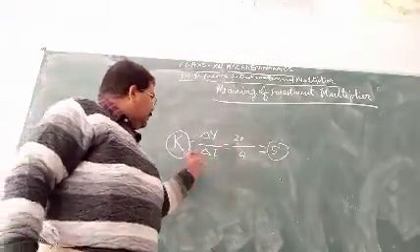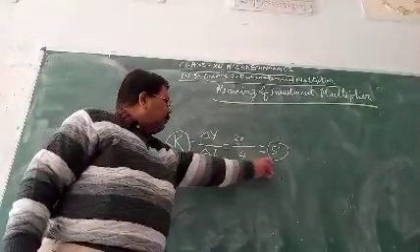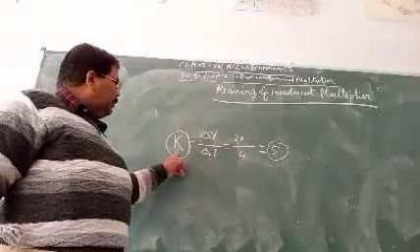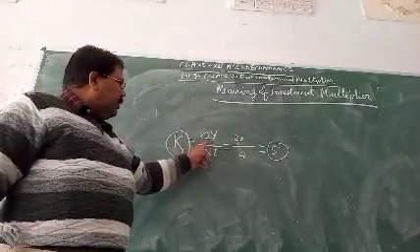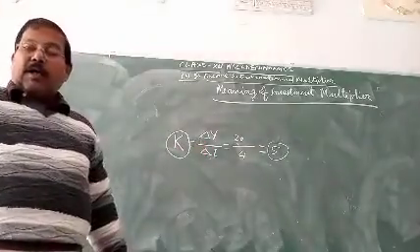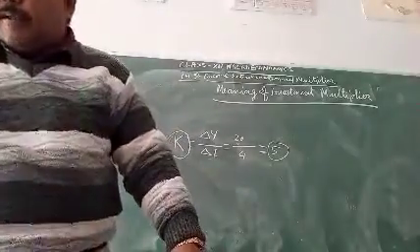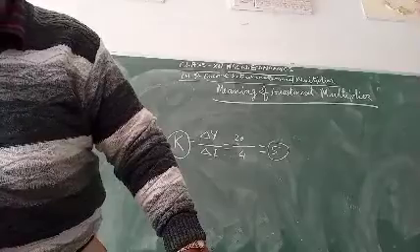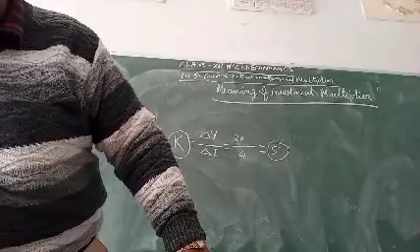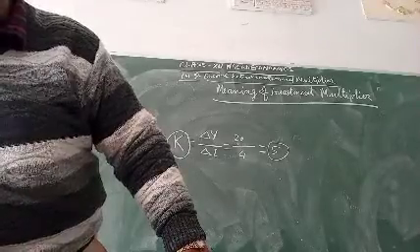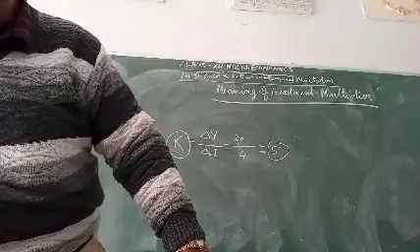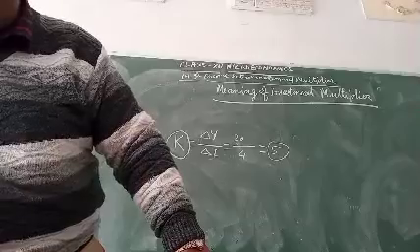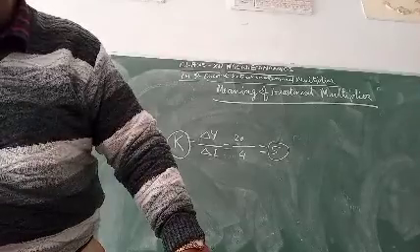This is the case of multiplier, and we can ascertain K is equal to delta Y by delta I. Let us examine the relation between multiplier and marginal propensity to consume.